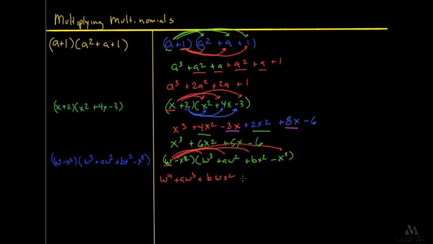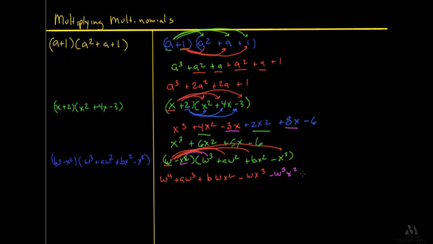And finally, minus wx cubed. Now we need to do our second term, our x squared, w cubed x squared.